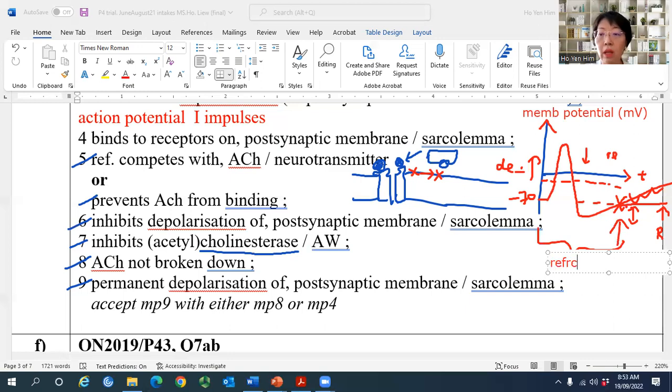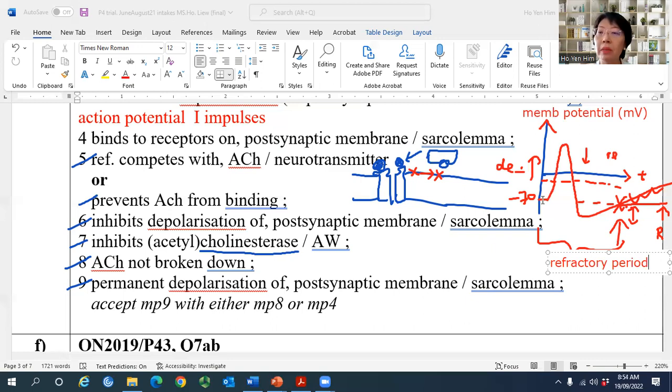The refractory period is the period of time that has to lapse from when a neuron receives a stimulus until it is able to respond to the next stimulus.